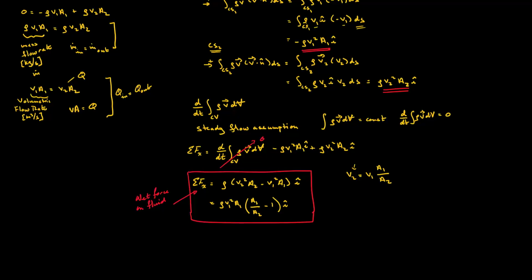Okay, so this was an application of control volume analysis. We looked at a nozzle where we didn't know what the outlet velocity was, and that was part of the problem, as well as finding the net force on the fluid.